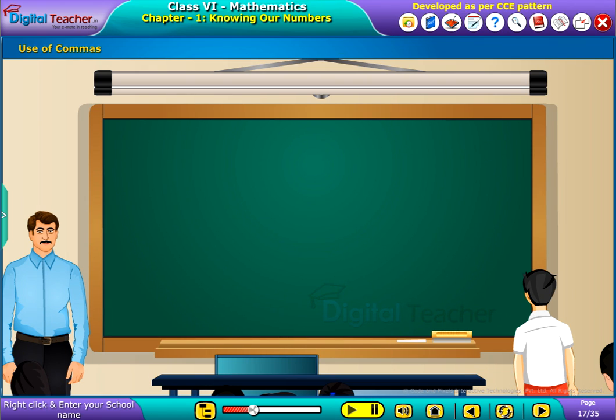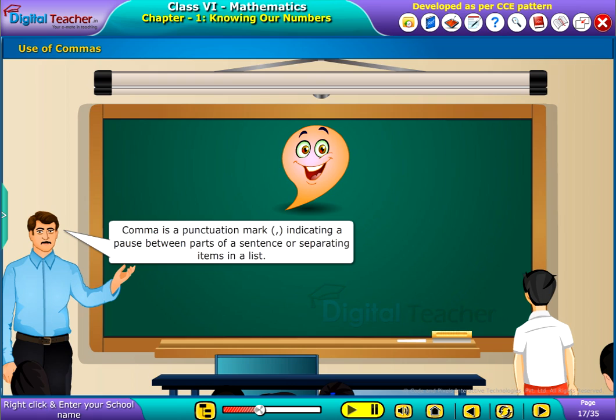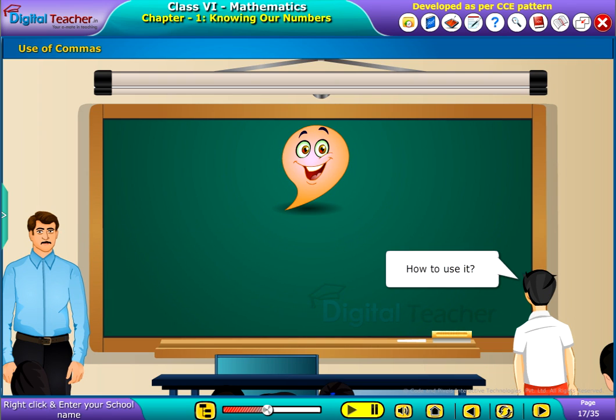Let's see the conversation between teacher and student on usage of comma. What is a comma? Comma is a punctuation mark indicating a pause between parts of a sentence or separating items in a list. How to use it?